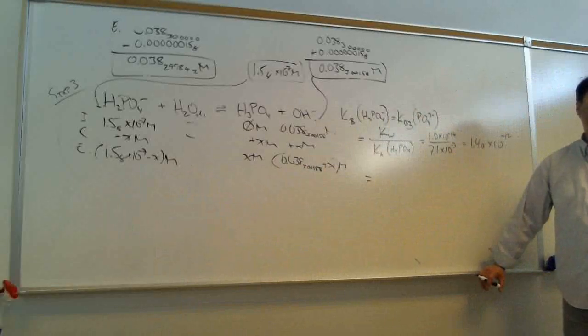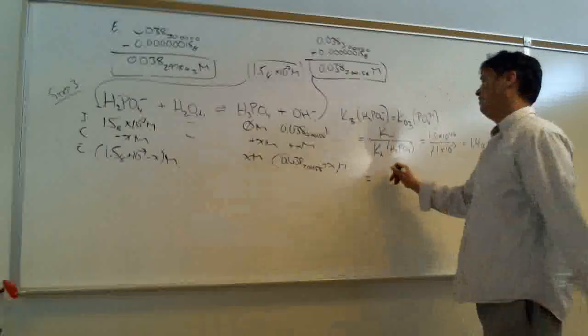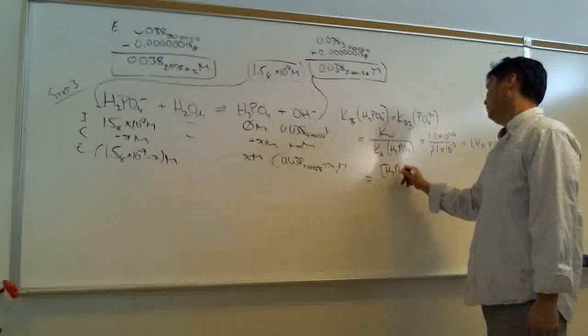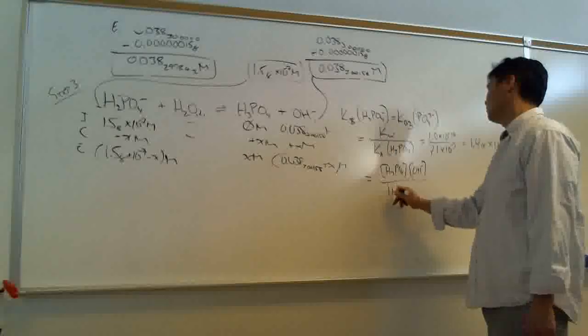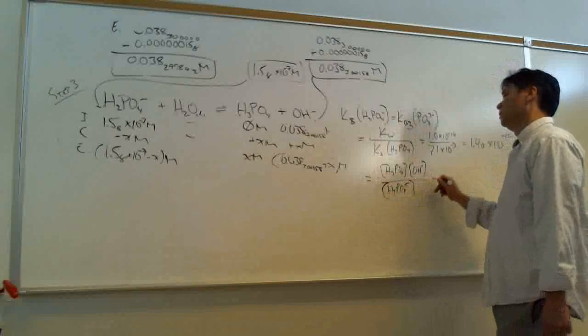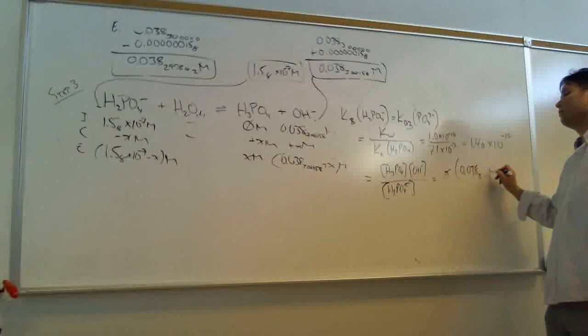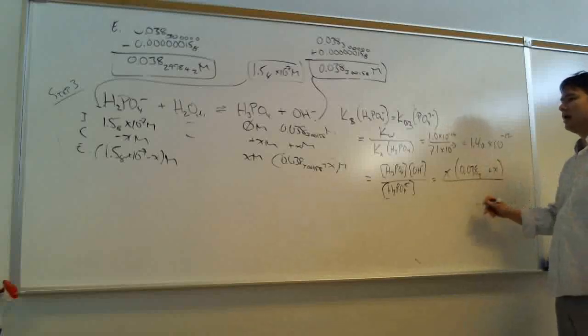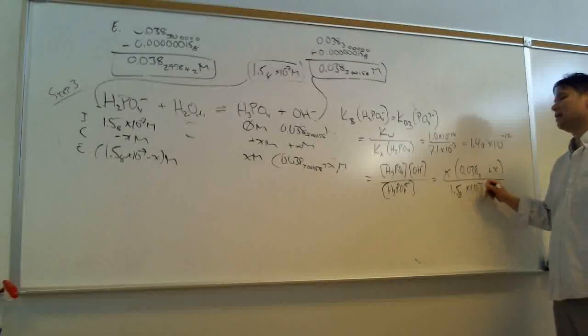It should work. Well, anyway, Kb is going to equal the phosphoric acid times the hydroxide divided by the dihydrogen phosphate, which equals x times 0.0383 dot dot dot plus x, divided by 1.58 times 10 to the minus 7 minus x.